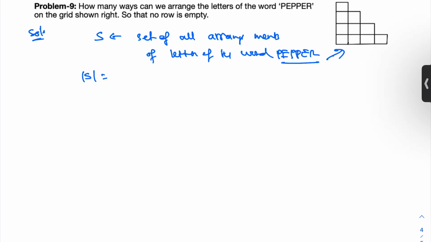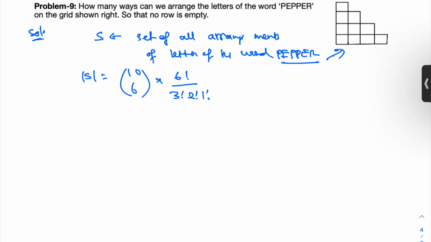In this grid, as you can see, there are 10 cells, 1 plus 2 plus 3 plus 4, in which we are to select 6 cells for the letters of the word pepper first. Let me pick 6. Then we are to arrange the letters of the word pepper in the selected 6 positions. We can arrange them in 6 factorial by 3 factorial, 2 factorial, 1 factorial ways, because 3 P's are identical, 2 E's are identical, 1 R. So this many ways we can arrange them in the selected 6 positions. Okay, this is the total count.